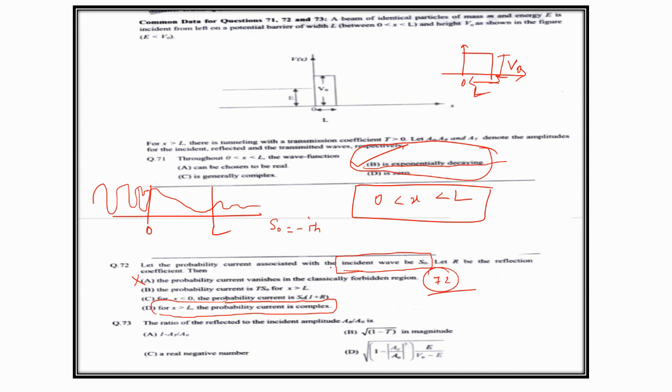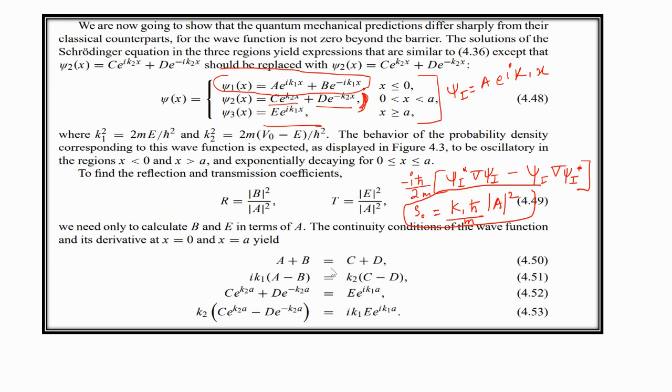Now here, T is the transmission coefficient. T is again the amplitude E square upon A square, right?